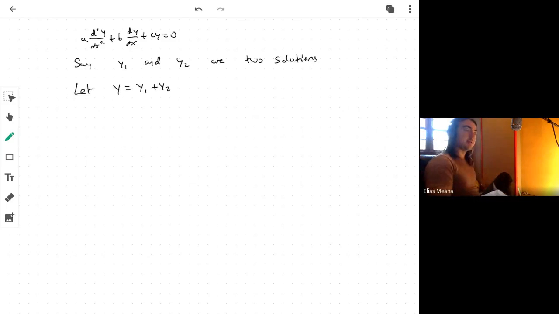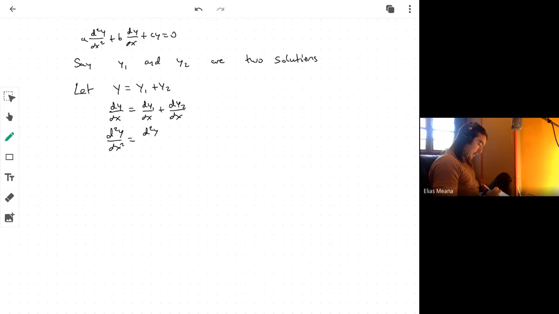So if we have the sum of solutions and we plug this into our differential equation, what do we get? Well, the first derivative of y is just the first derivative of y1 plus the first derivative of y2. And the second derivative of y is also just the second derivative of y1 plus the second derivative of y2.